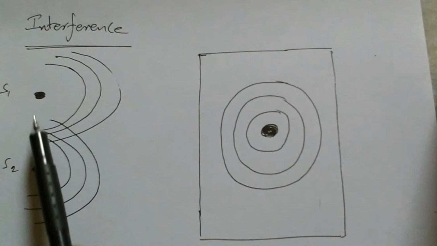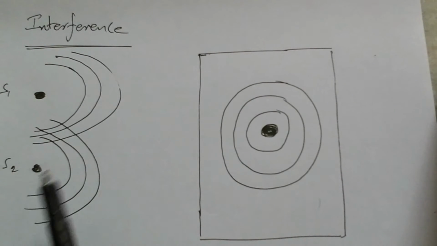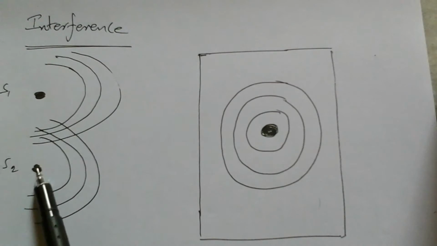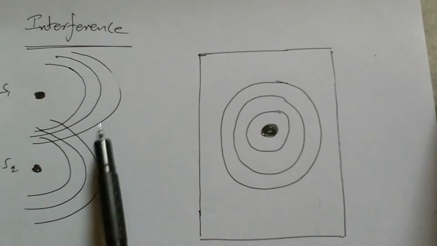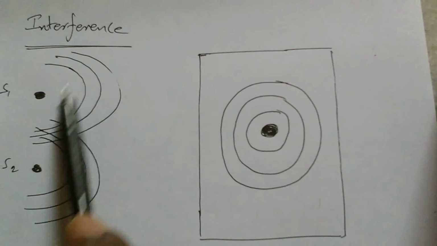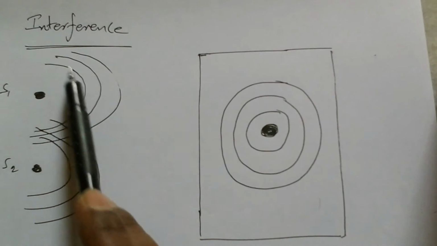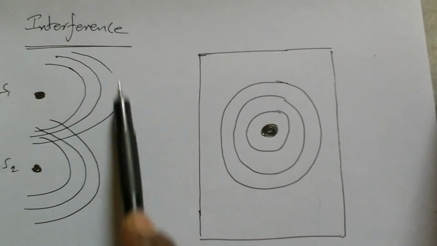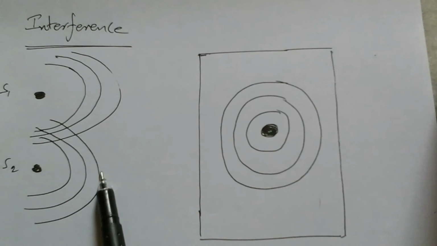From these two coherent sources, wavefronts are coming out like this. From the S1 coherent source, wavefronts are coming like this. From the S2 coherent source, wavefronts are coming like this.